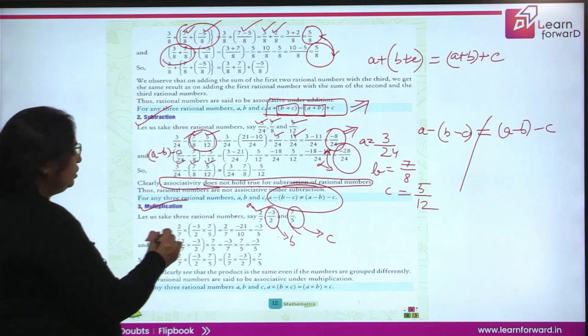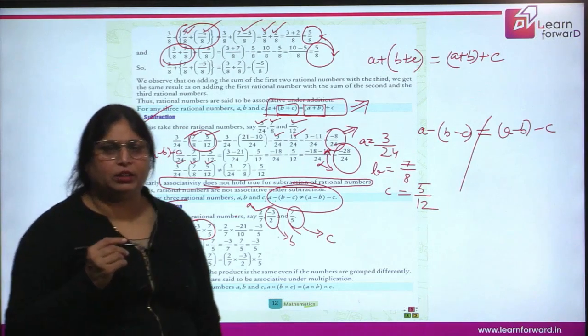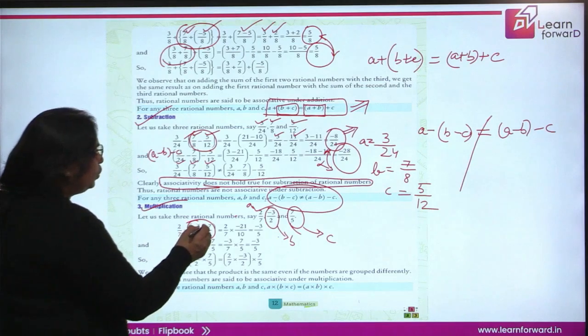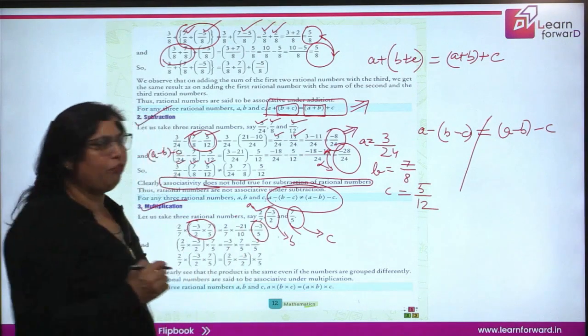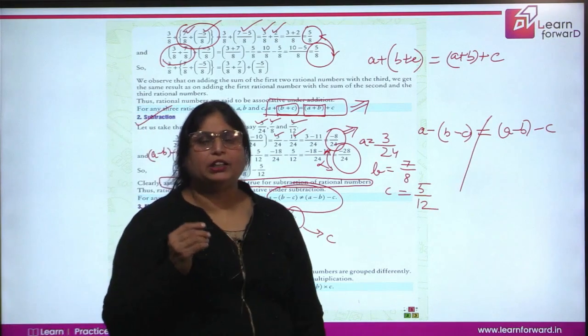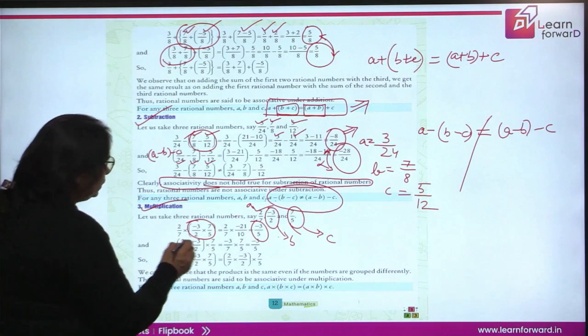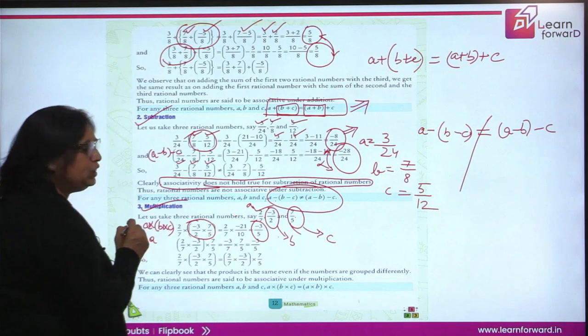For the first case, minus 3 upon 2 and 7 upon 5 are within the bracket. That means 2 upon 7 into minus 3 upon 2 into 7 upon 5. Answer is minus 3 upon 5. For case 2, we are taking 2 upon 7. That means first case we have taken A into (B into C), B and C are within the bracket.